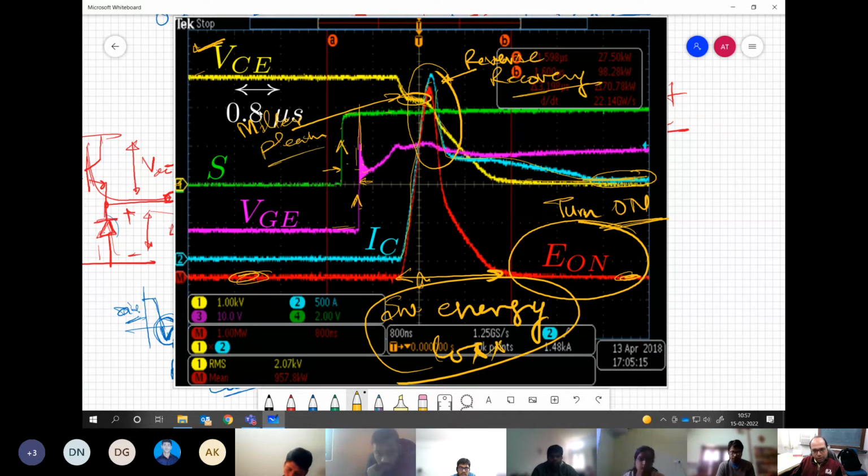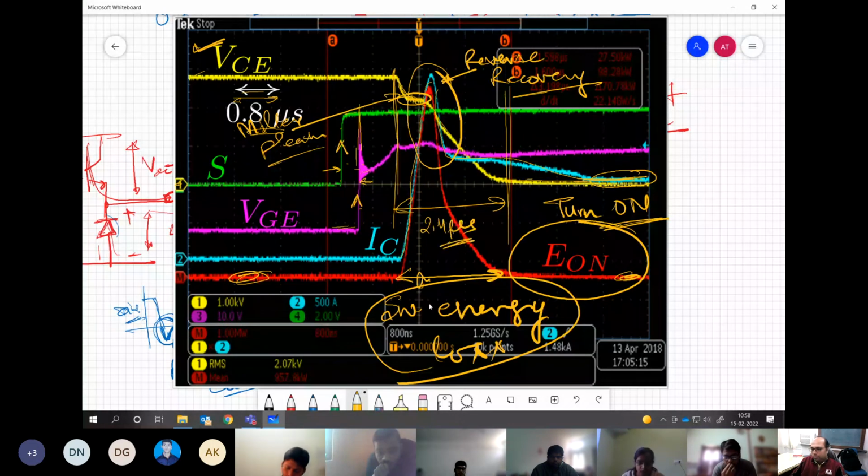Now you see the time period. Each division is like 0.8 microseconds. It is almost taking 2 microseconds, sorry, microseconds, to drop from this value to this value. Almost 3 blocks, so 2.4 you can say. This is a device rated at some 4500 volts and 1200 amps, an IGBT by Infineon.